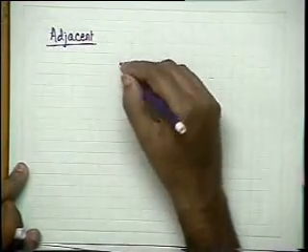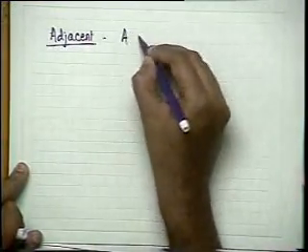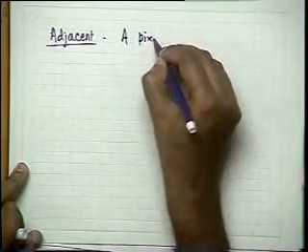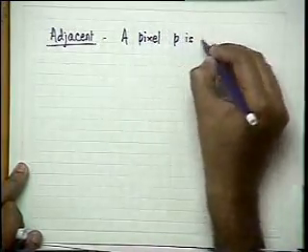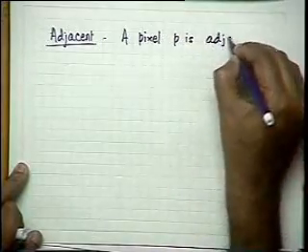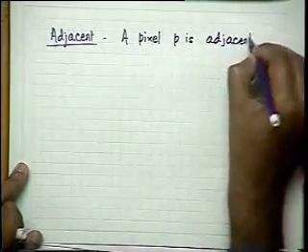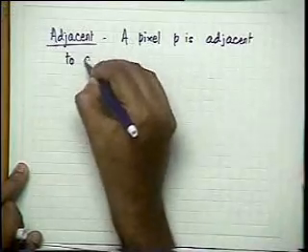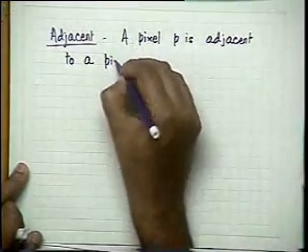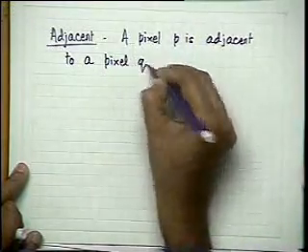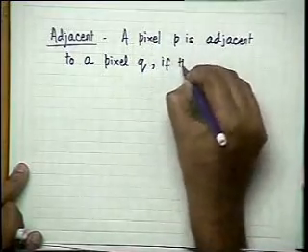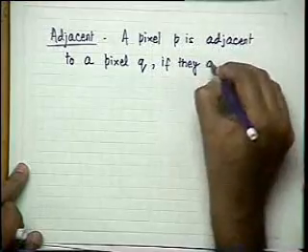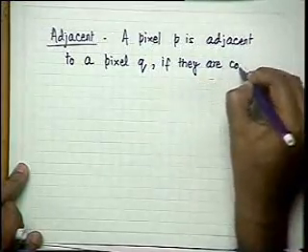A pixel P is adjacent to a pixel Q if they are connected.